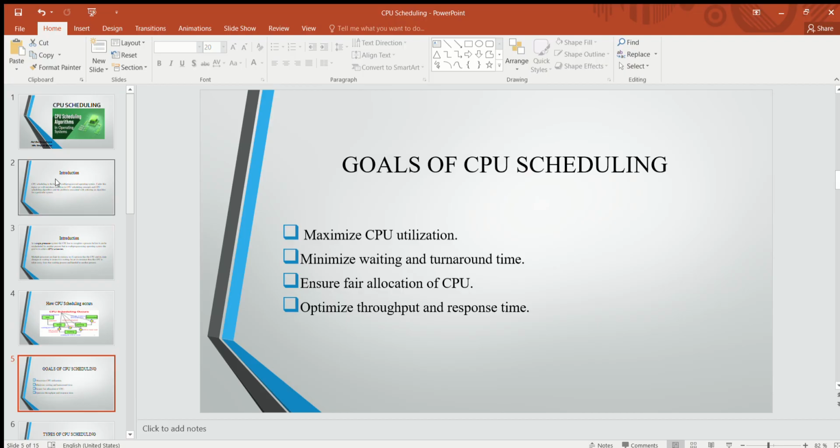So what are the goals of CPU scheduling? It is to maximize the CPU utilization. We have to keep the CPU working all the time. The CPU's design was mimicked after the human brain. With the human brain, when we want to learn something, we have to continually pursue it until we get it.